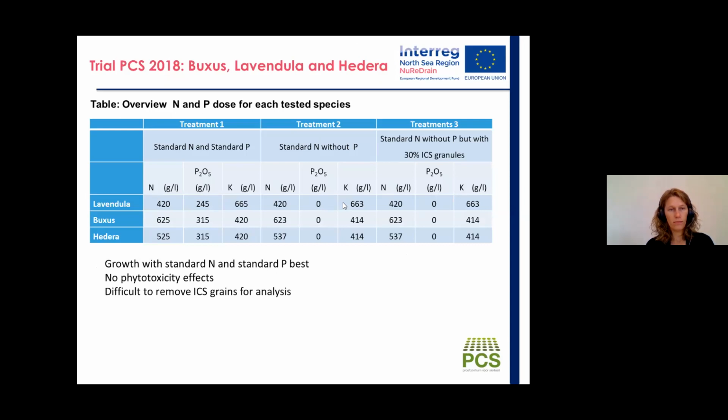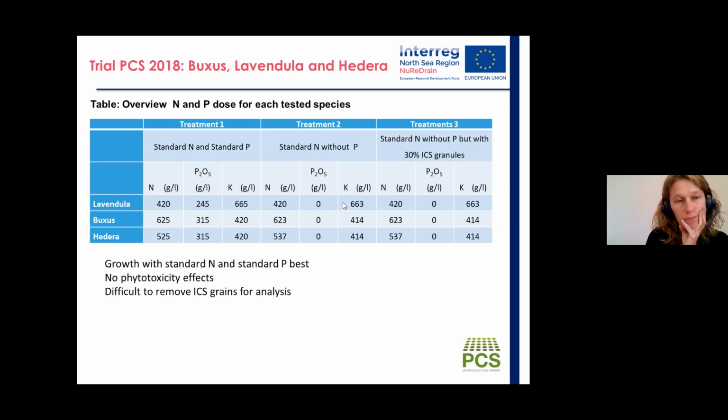So we used Buxus, lavender, and Hydrangea in our next trial. And of course, we again had the treatment where we gave just the standard N and the standard P. Then the second treatment, we gave no P at all, only N. And the third treatment was standard N without P, but also again 30% of the ICS granules mixed into the substrate.